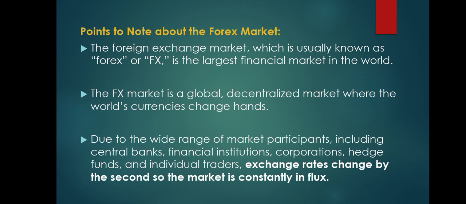It depends on your location. But once the forex market opens by Sunday or Monday, it keeps running till Friday at 10 p.m. That's when it closes. So it's a global, decentralized market where all kinds of currencies can be exchanged.